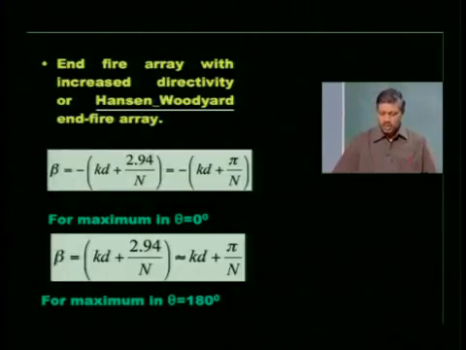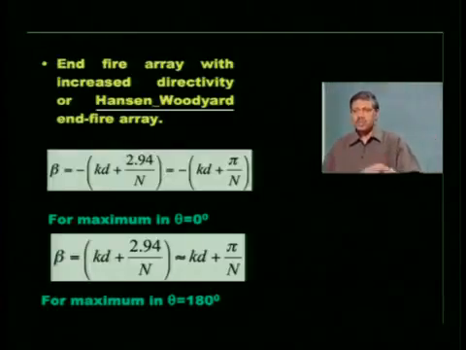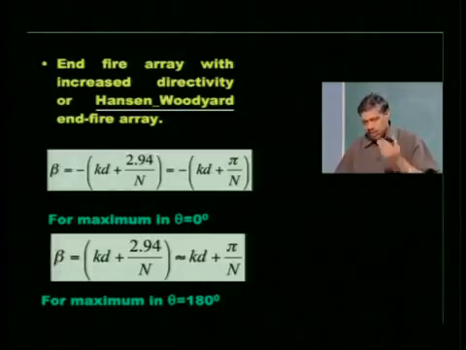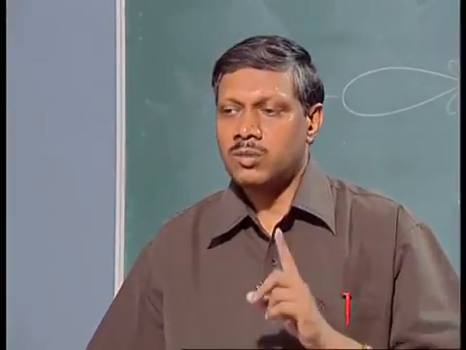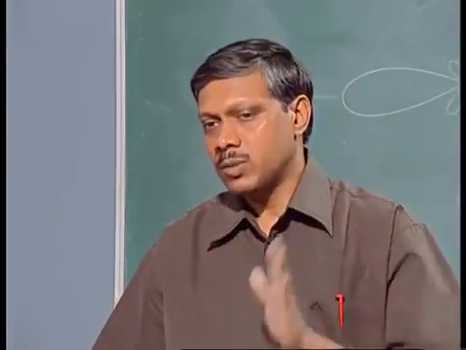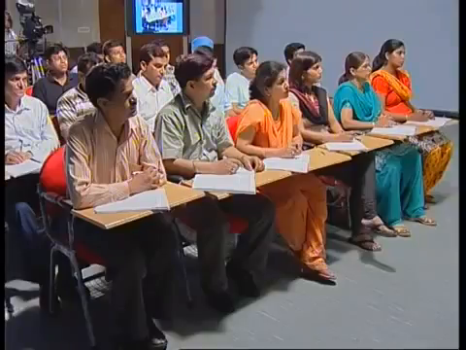Otherwise the plus minus condition remains the same. For 180 degree it is plus, for 0 degree it is minus, but with kd only pi by n is added. You have to remember that it is a directional enhancement of the ordinary end fire array: in the Hansen-Woodyard condition, just pi by n is added to the ordinary condition, and n is the number of elements.